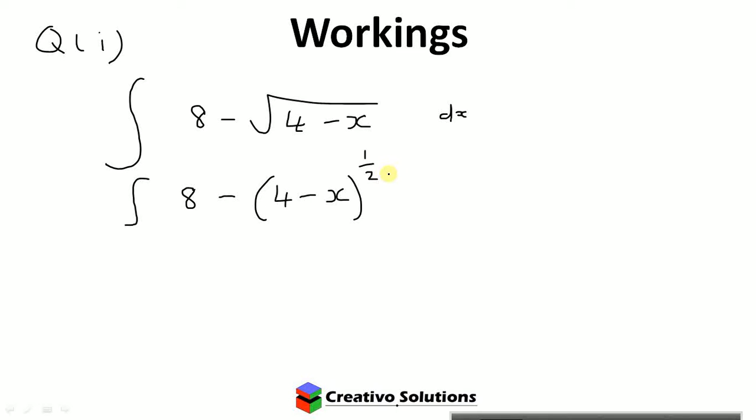So now if I'm looking at this question, I've got a power half here. So if I'm integrating this, it's going to be brackets 4 minus x to the 3 over 2.